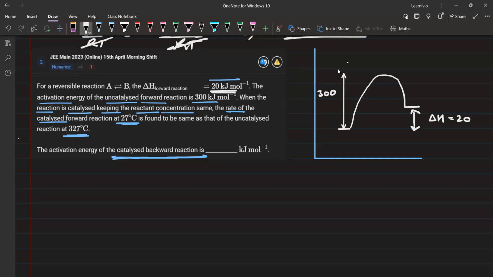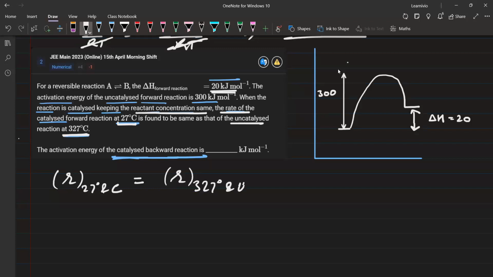When the reaction is catalyzed, keeping the reactant concentration same. So reactant concentration is same. The rate of catalyzed forward reaction at 27 degrees Celsius, so this is at 27 degrees Celsius and it is catalyzed, is found to be same as that of uncatalyzed reaction at 327 degrees. This reaction is at 327 degrees and uncatalyzed.